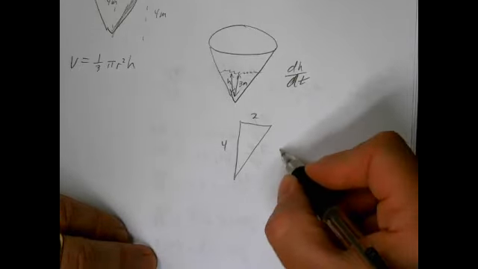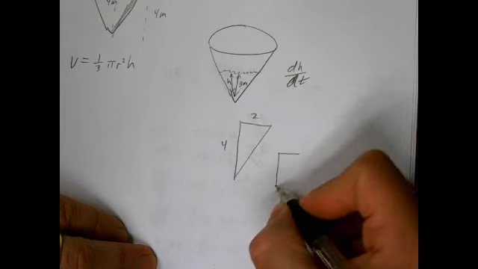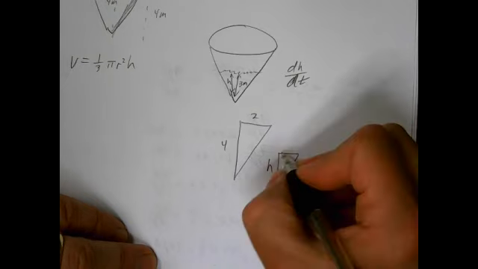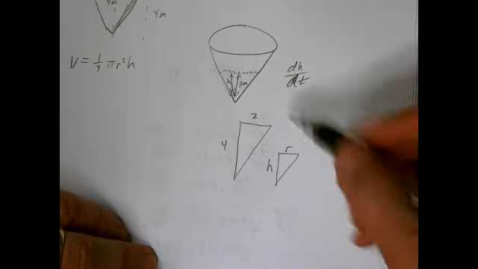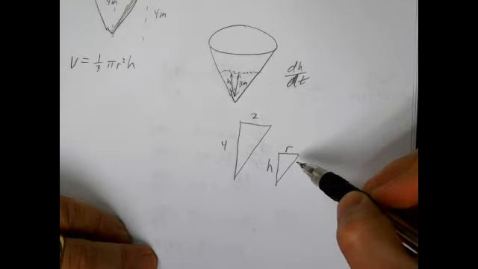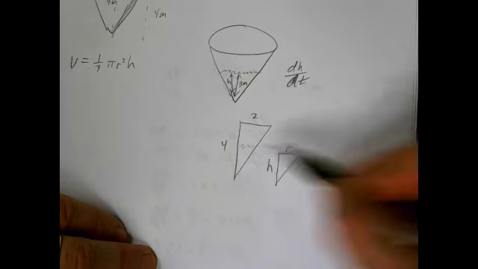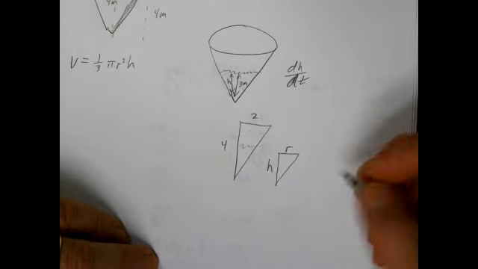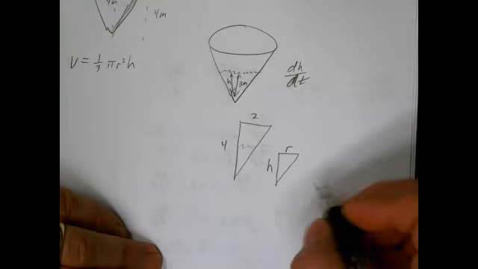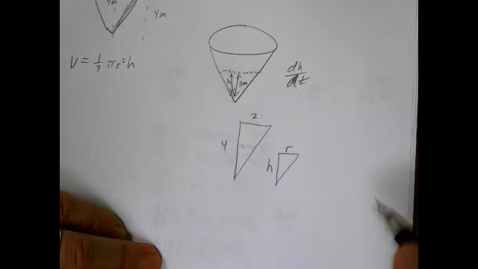So the triangle that exists here is an H by R. If you look at the height of the water and the radius of the water, that's what's going on. You have an H by R triangle inside of this larger triangle. So what we can do is set up a proportionality. Since these two triangles came out of the same physical object, they are in proportion.